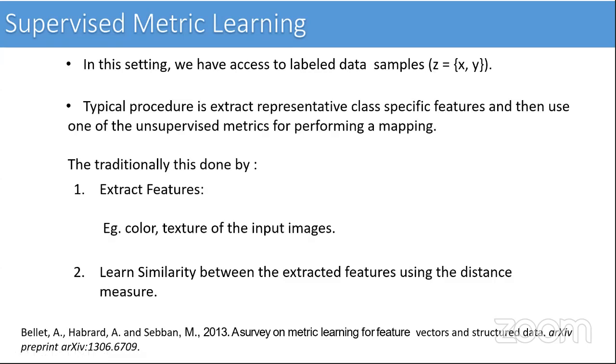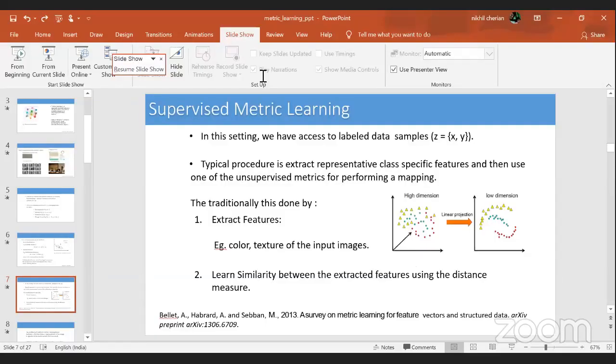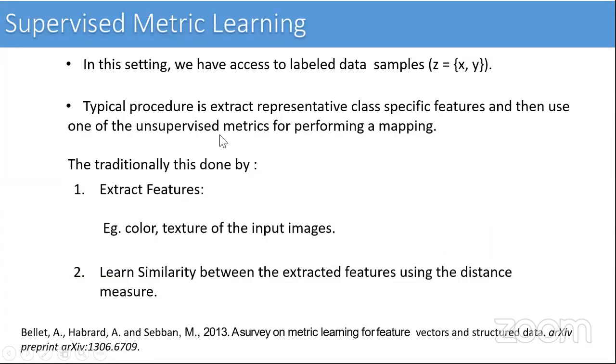In traditional machine learning, before the deep learning era, people used to extract features like colors and texture from the input images, hoping that they would correspond to whether X and Y are similar or not similar.